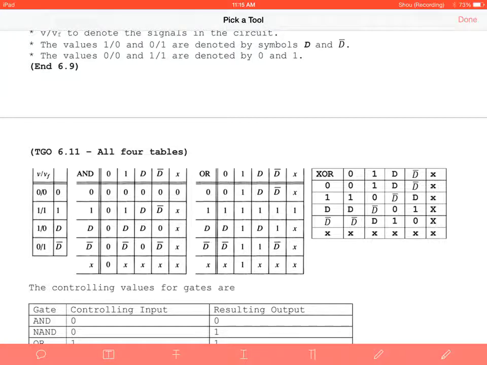So knowing this, you can actually just figure out what a NAND gate should be. OR gate, same thing: 0, 1, 1, 1. 0 and D is going to give you D. 0 and D bar is going to give you D bar. Now, if you have a 1 on either input for an OR gate, you're going to get a 1 on the output no matter what. So if you have a 1 on the input and you have D bar, it's still going to be 1.